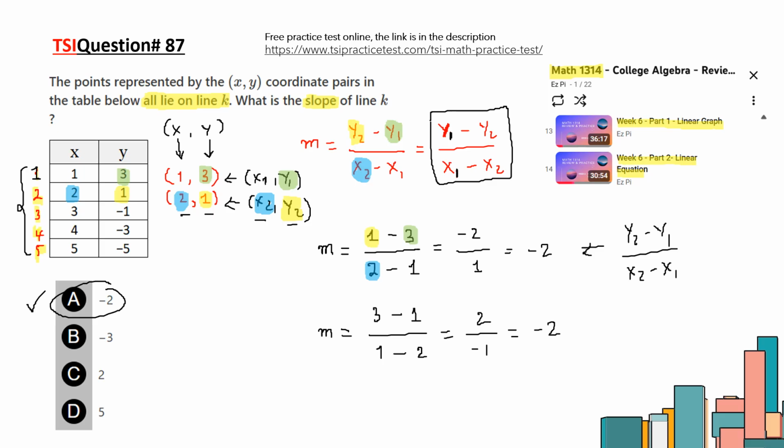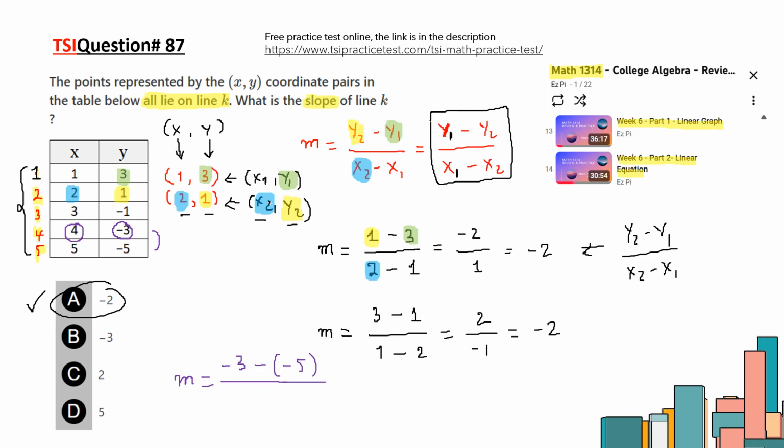So let me do one more example so you don't feel confused. If you choose these 2 points and I keep this one as m, I take the top one first, so my x starts at 4, and I will have negative 3 minus negative 5. Be careful with negative numbers, okay.